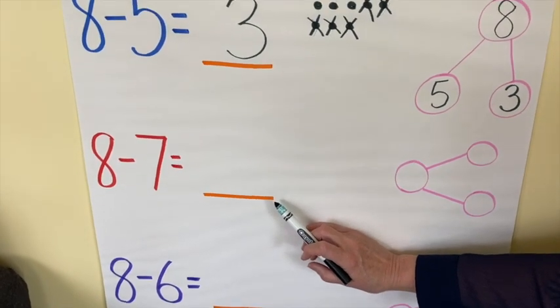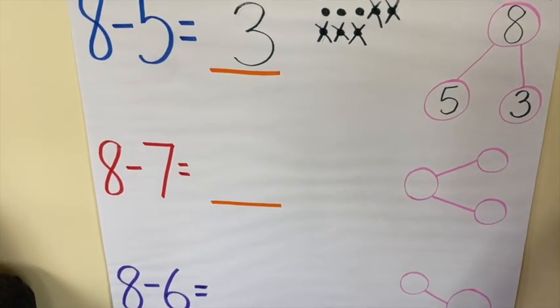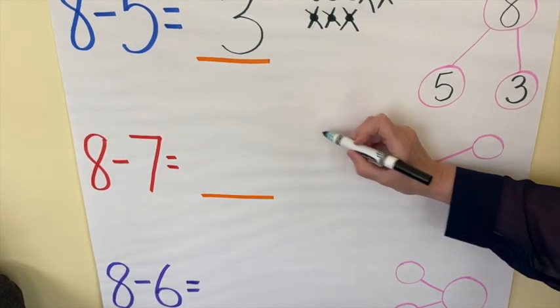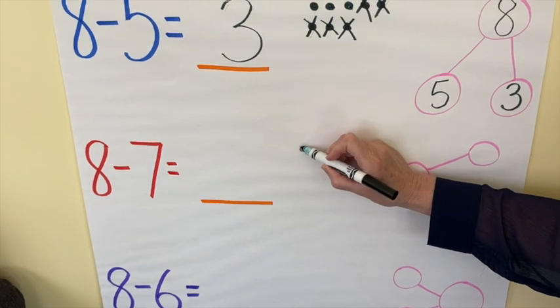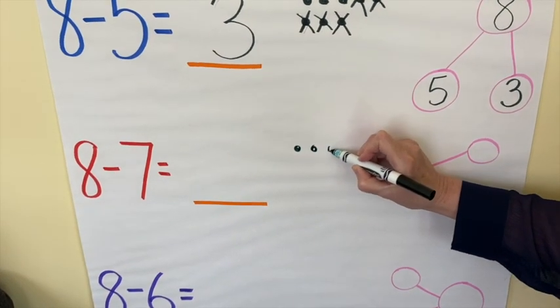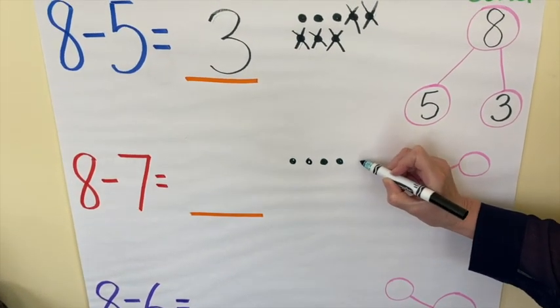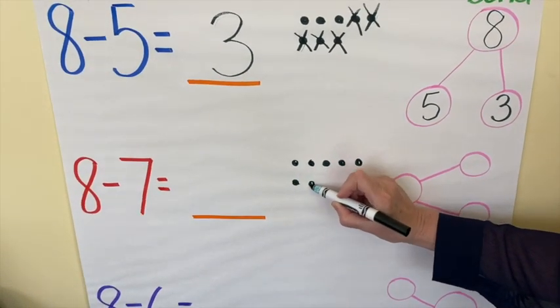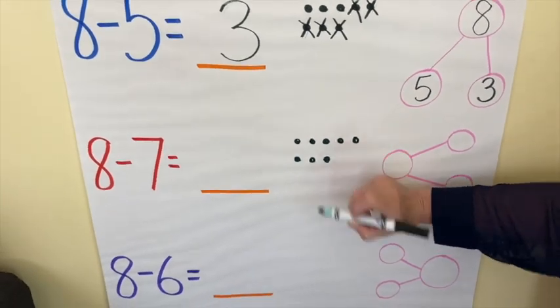Now I have to, and you do too, how would you draw that picture? Well, we're going to use dots because they're easy for us. So let's show 8 dots. Ready? Go. 1, 2, 3, 4, 5, 6, 7, 8. I'm moving right along.